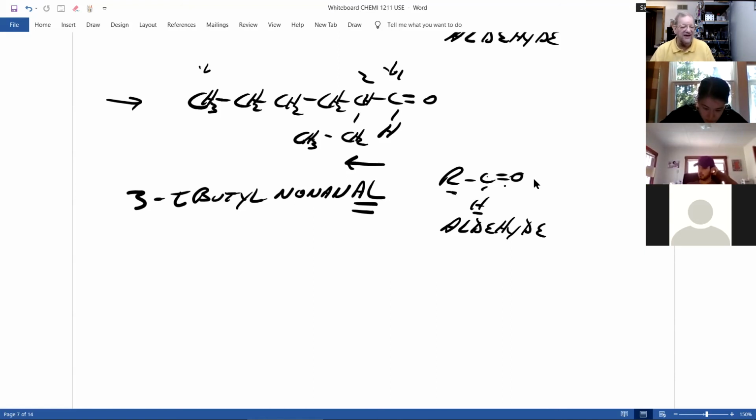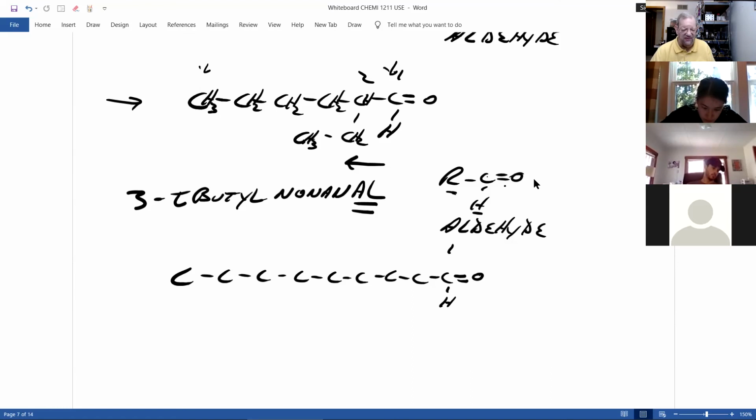If this were an E, nonane, 9 carbons. And at the end carbon, I like to do it on the right. You could do it on the left. I have my carbon, double bond to oxygen with a hydrogen, the carbonyl group.